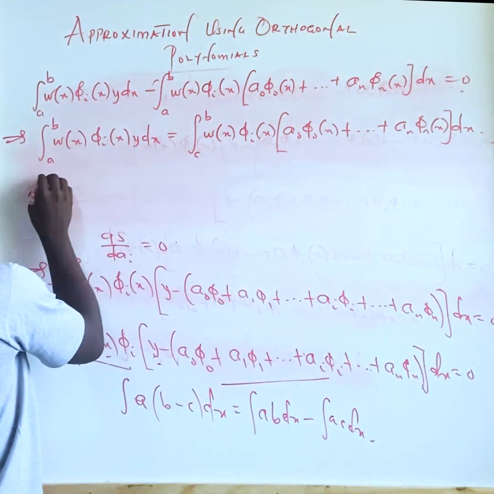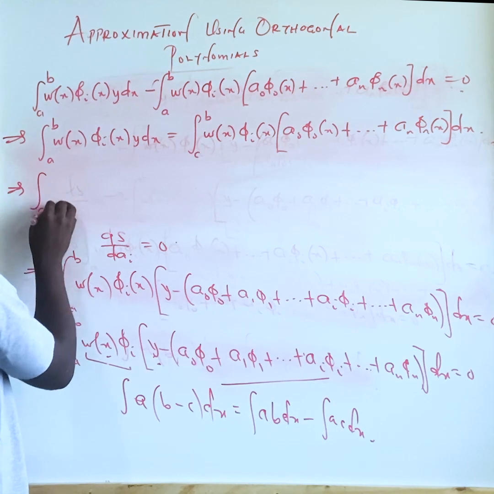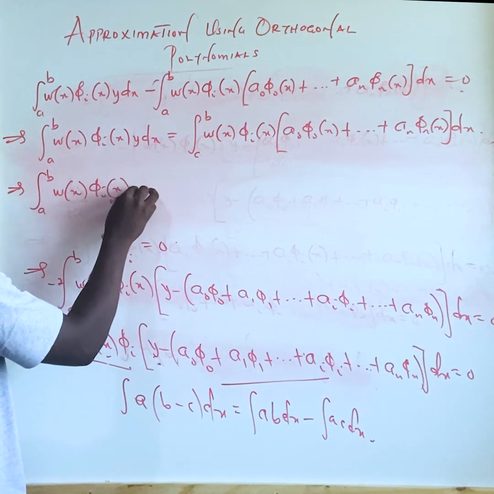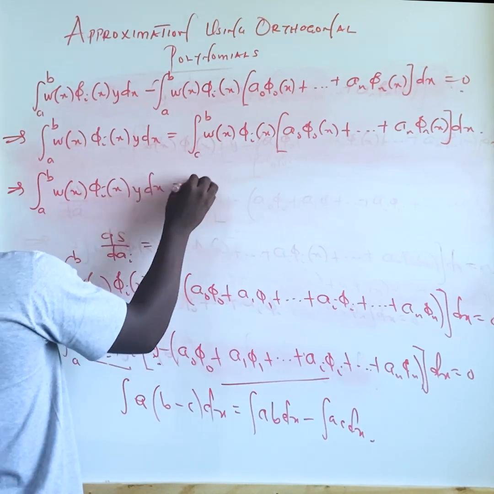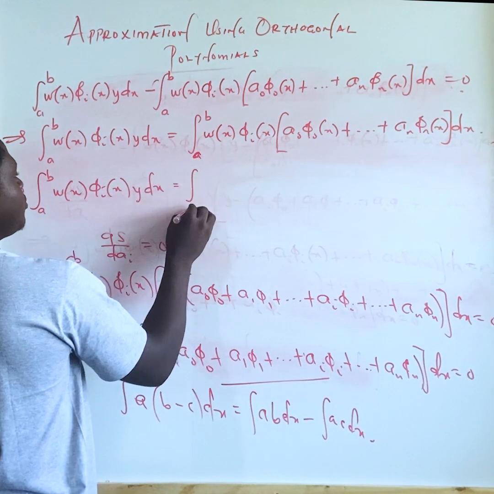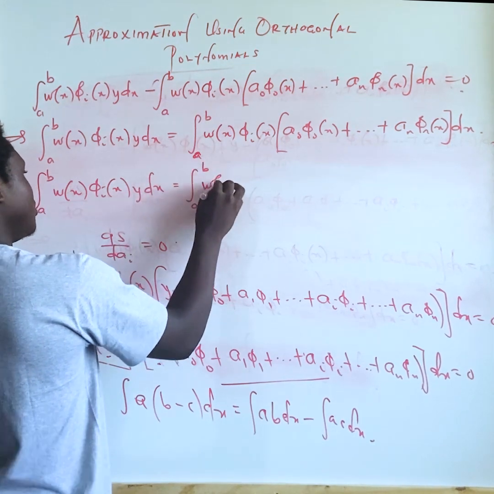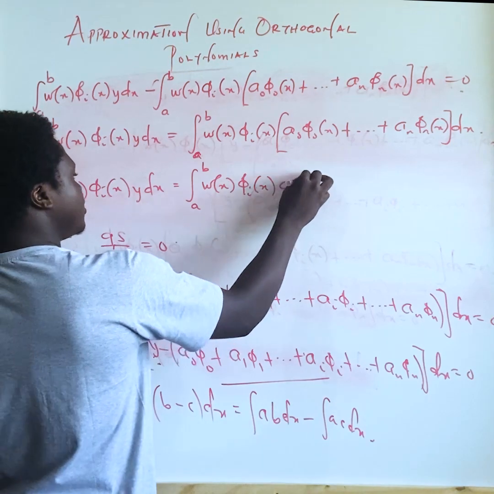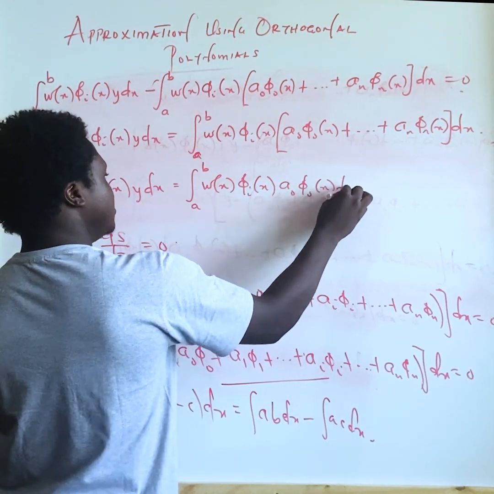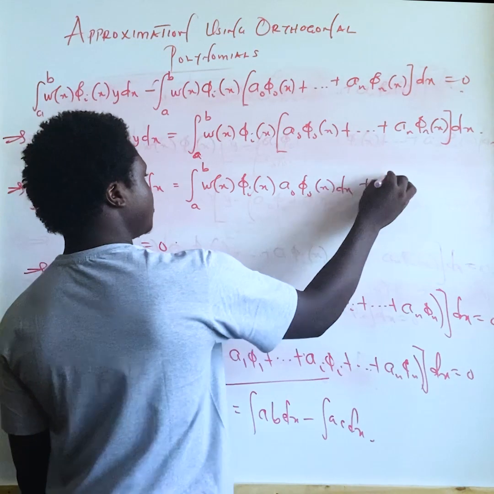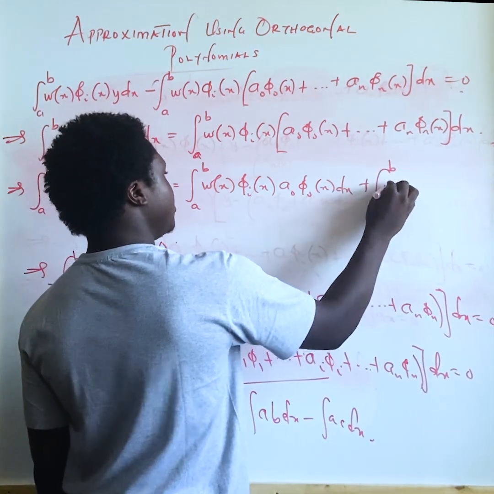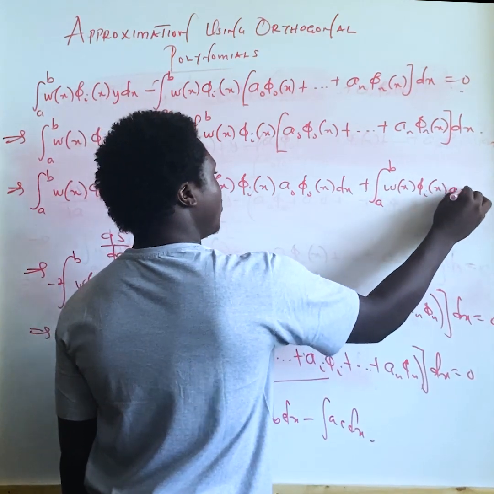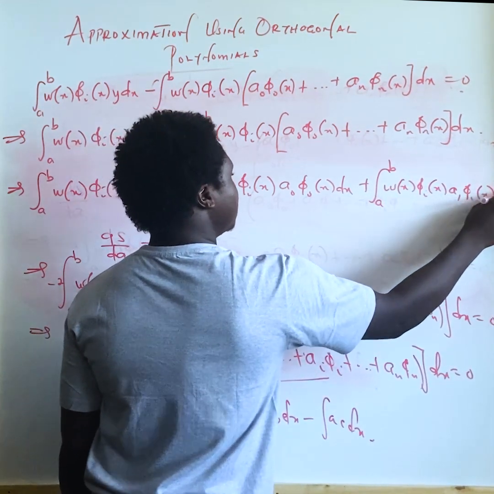So this implies that integral a to b omega x phi_i of x times y dx should be equal to integral a to b omega x phi_i of x a_0 phi_0 of x dx plus integral a to b omega x phi_i of x a_1 phi_1 of x dx.